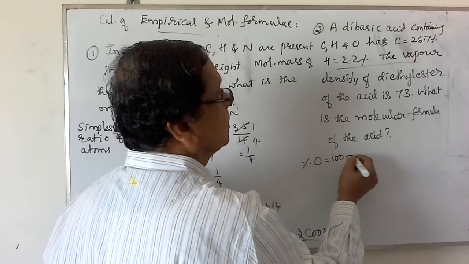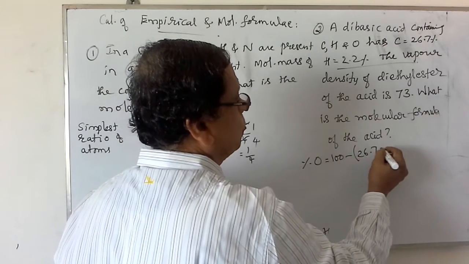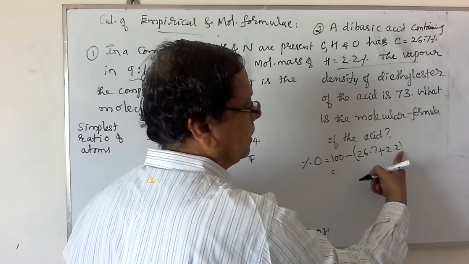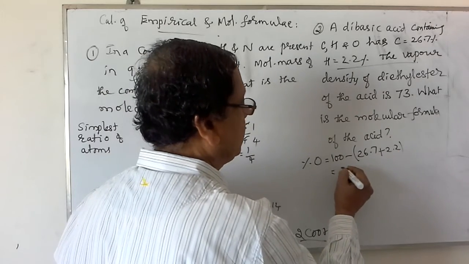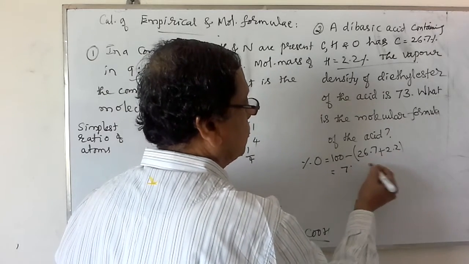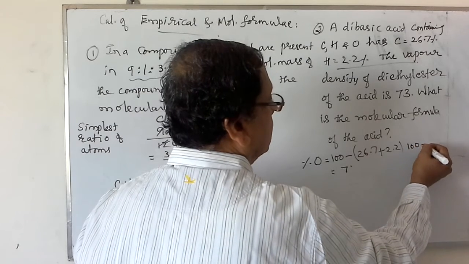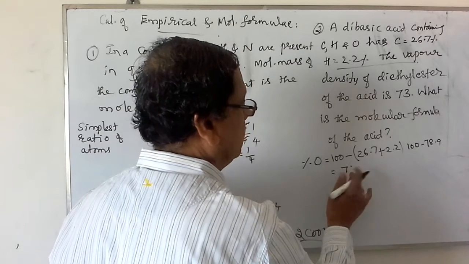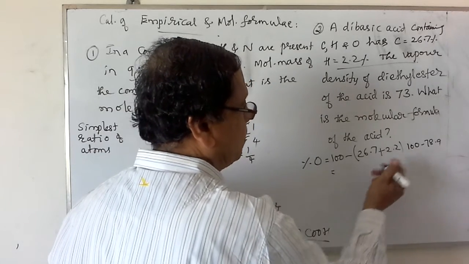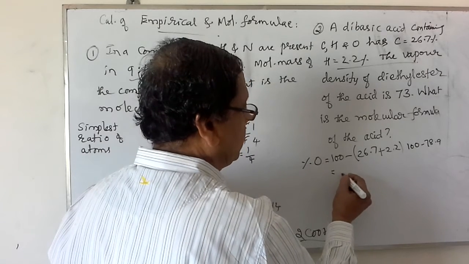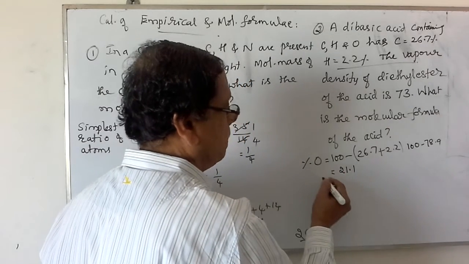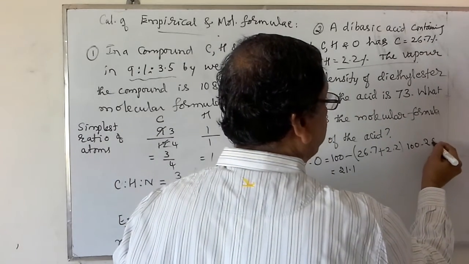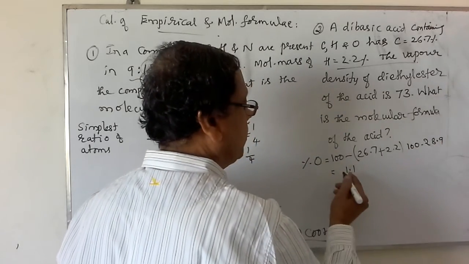It is 100 minus (26.7 plus 2.2), that is 100 minus 28.9. So it is 71.1.